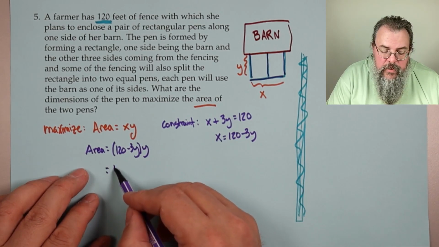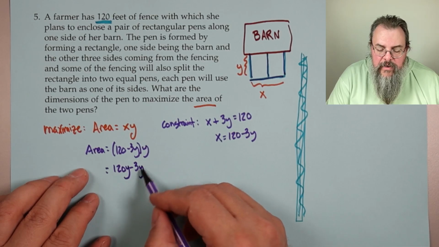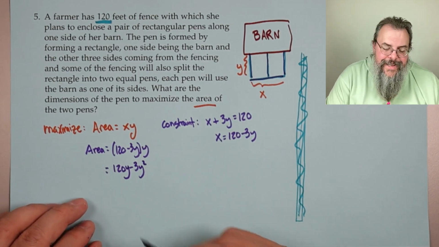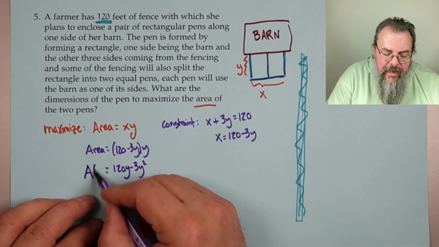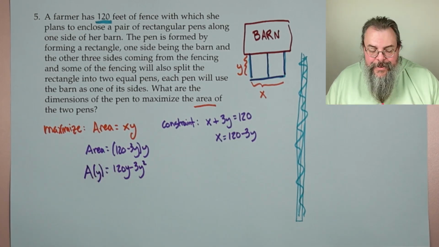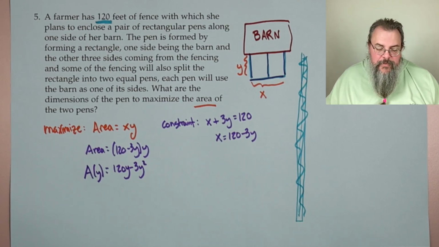Or if you like, that's 120y subtract 3y squared. Nice. And we can even think of this as a function of y. So we've got it down to one variable, our favorite kind, single variable.